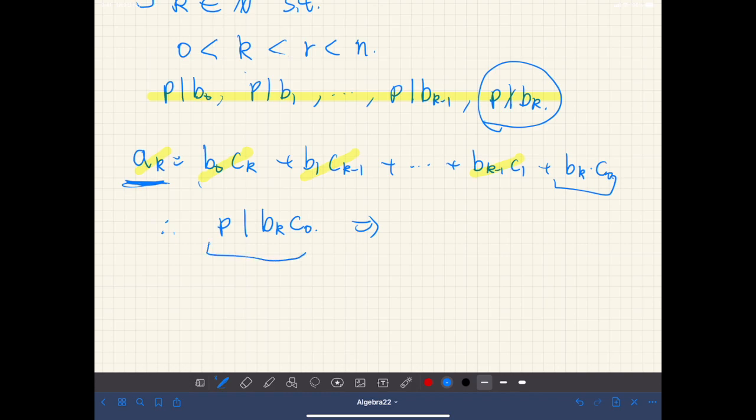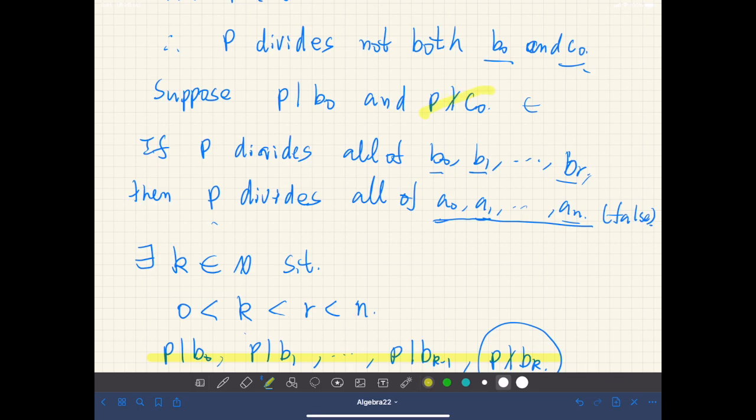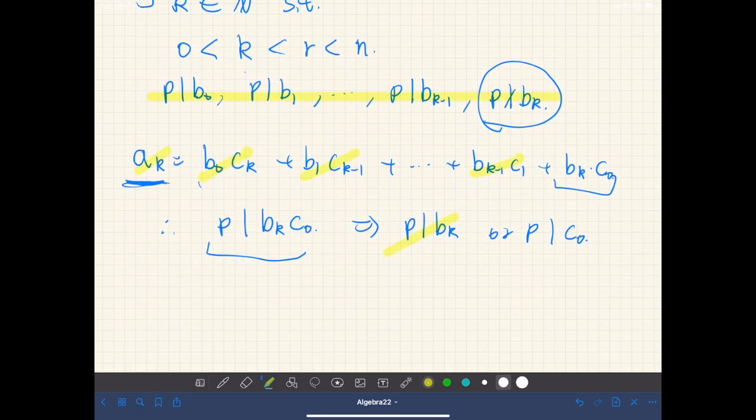Since p is a prime, this implies p divides bk or p divides c0. But neither of these is true, because the way we chose bk, this is not possible. And by our assumption, c0 is not divisible by p. So this is a contradiction.